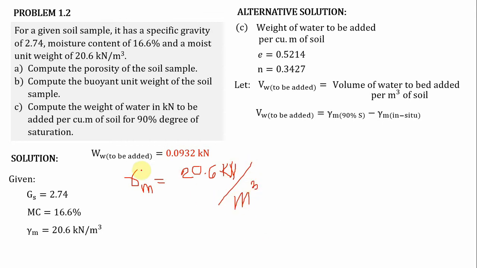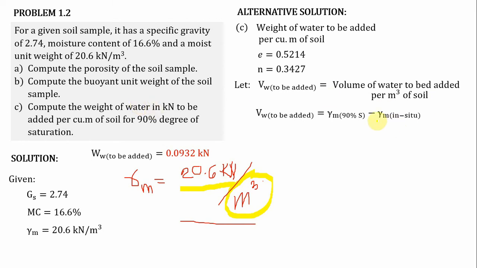So take note, yung soil natin is moist. So explain ko muna kung ano to. So in every 1 cubic meter of soil, there is equivalent 20.6 kilonewton of a moist soil.